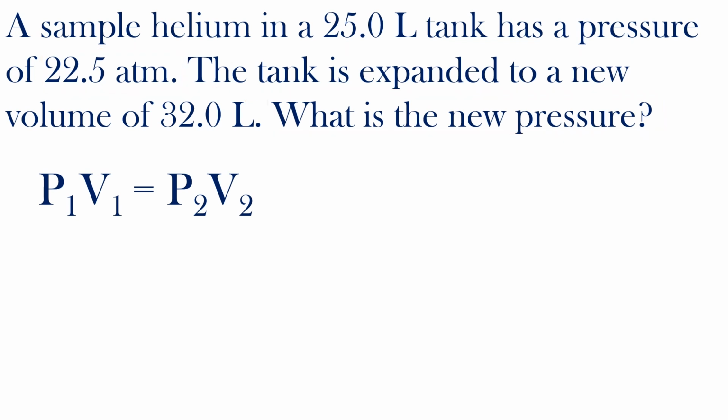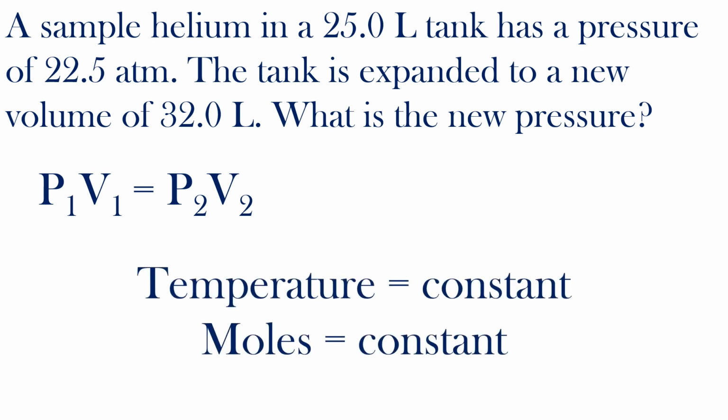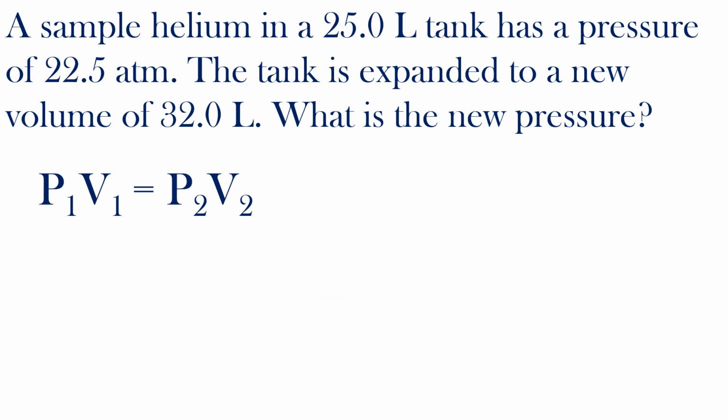There is no comment on the temperature nor moles, so we'll assume that those are constant, and we'll use Boyle's law. We are looking for the new pressure, or P2. I can divide both sides by V2, and this will leave me with an equation for P2.